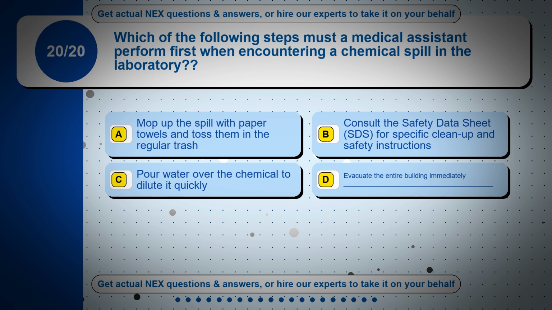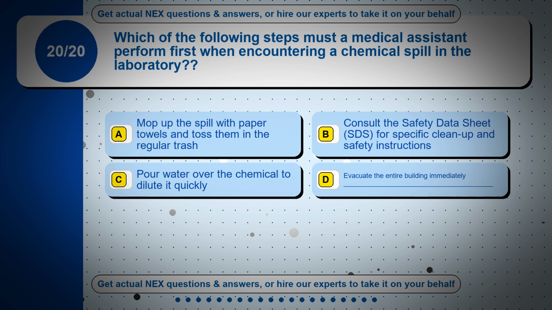Question 20. Which of the following steps must a medical assistant perform first when encountering a chemical spill in the laboratory? Option A, mop up the spill with paper towels and toss them in the regular trash. Option B, consult the safety data sheet, SDS, for specific cleanup and safety instructions. Option C, pour water over the chemical to dilute it quickly.